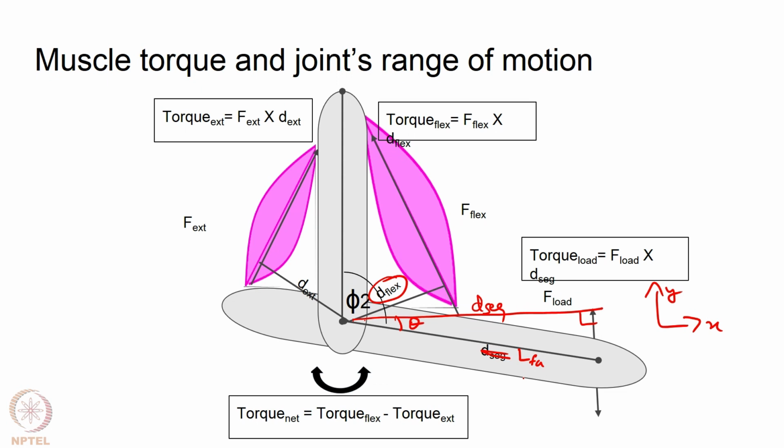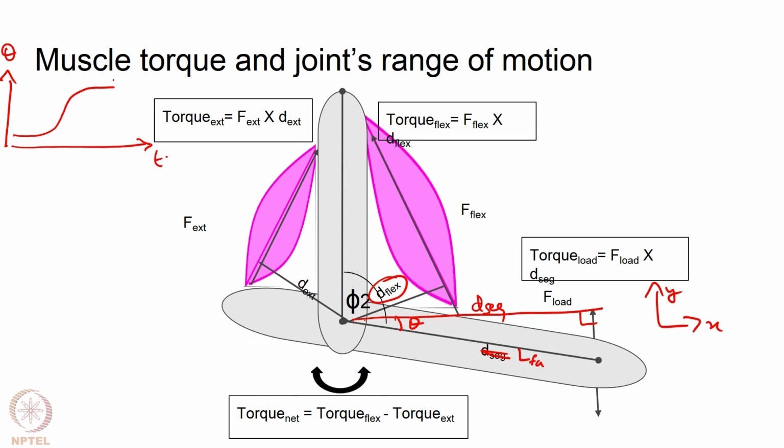Now, let us say that I am actually interested in producing a trajectory. X axis here is say time, and the y axis in this case is theta. Now, let us say I am producing a relatively smooth slow movement, something like that.